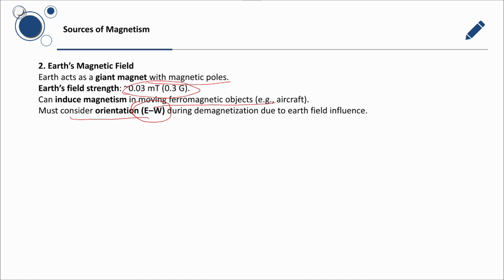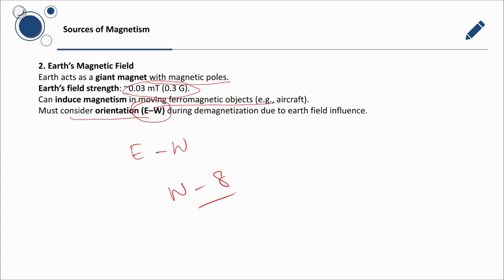During demagnetization, the orientation of the part relative to the Earth's field is important. If aligned east-west, the influence is less. If aligned north-south, the part may retain slight magnetism due to field direction.